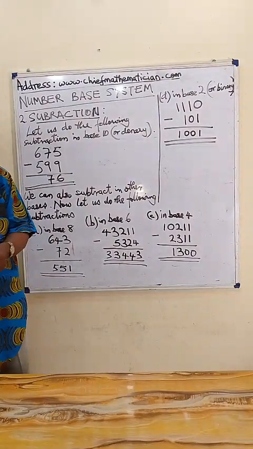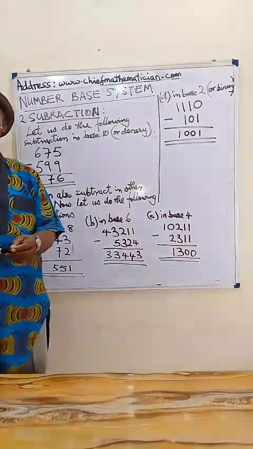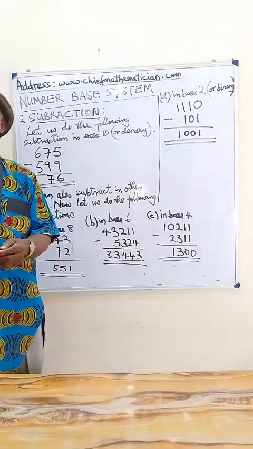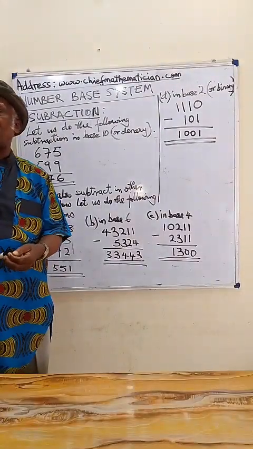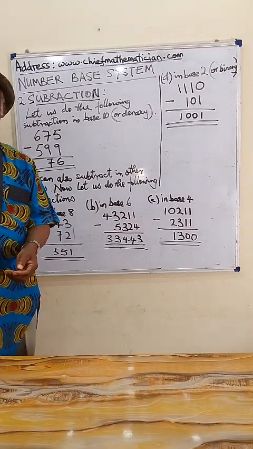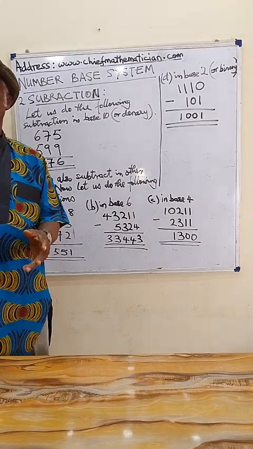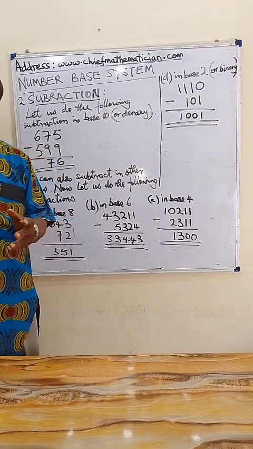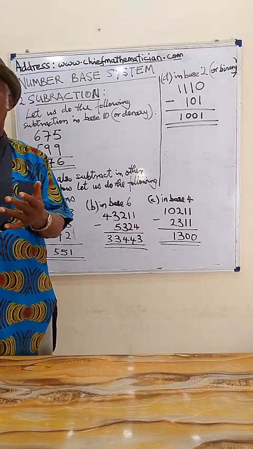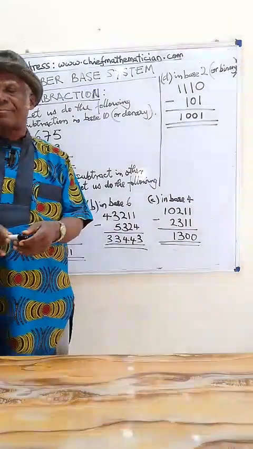In base 4, any number in base 4 cannot contain any digit that is equal to or above 4. Any number can only carry the following digits: 0, 1, 2, 3.